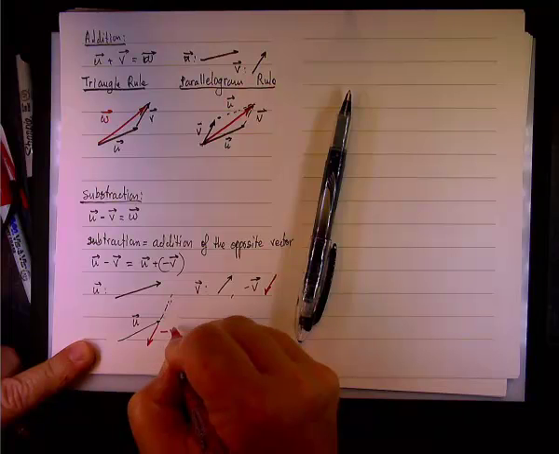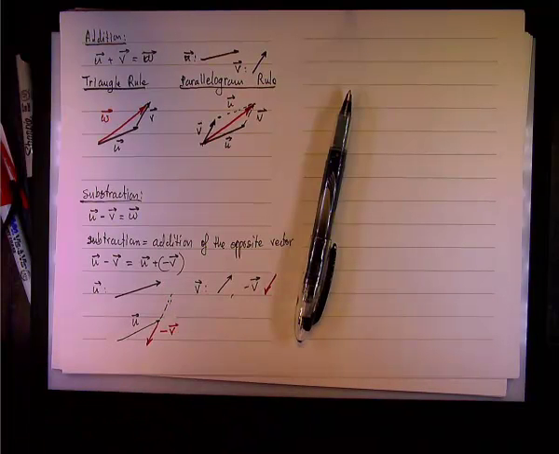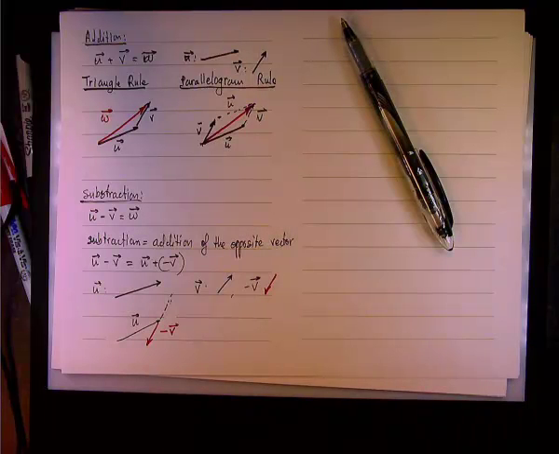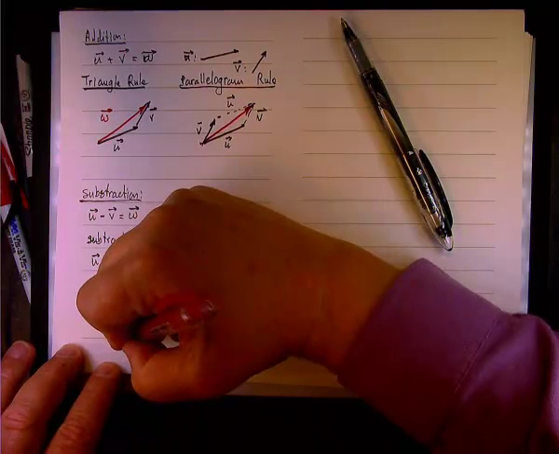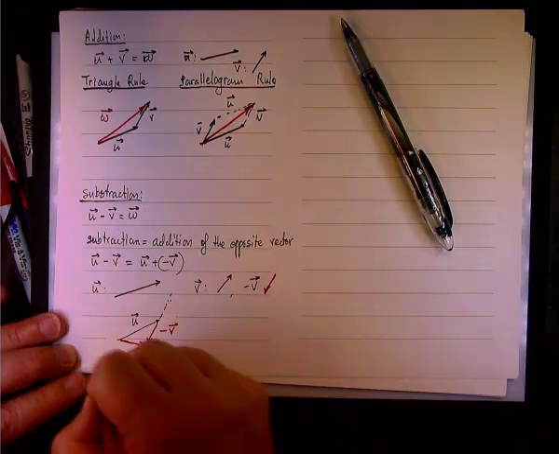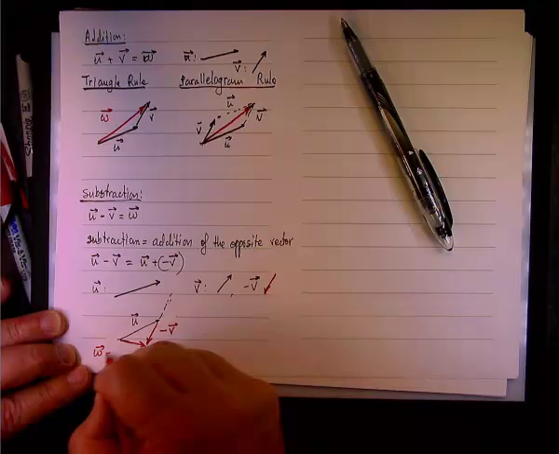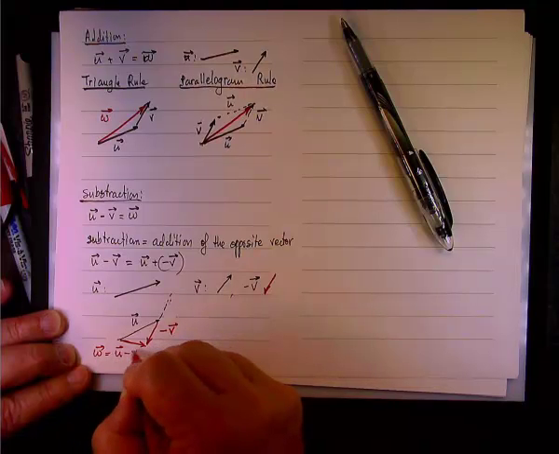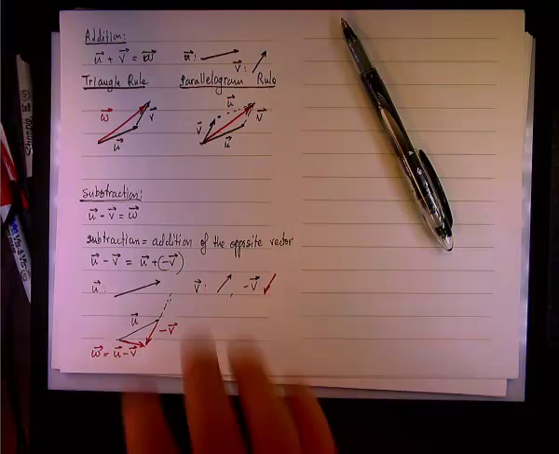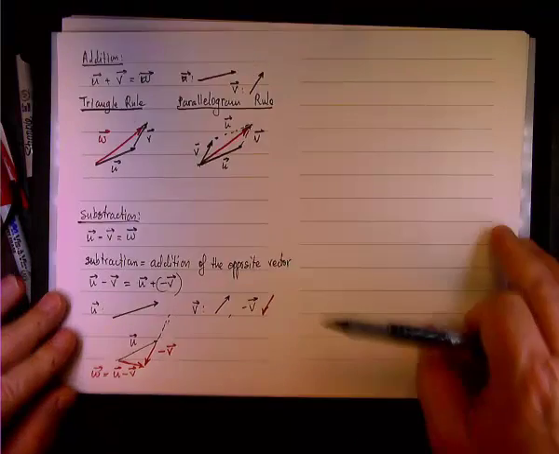So this is vector u, and this is vector negative v. You simply add these two together, applying the same rule, initial point of u connected to terminal point of negative v. So this result, w, is u minus v.